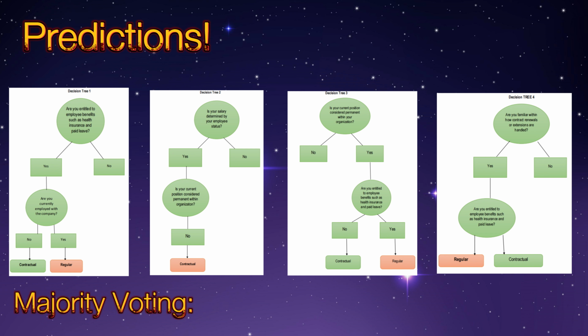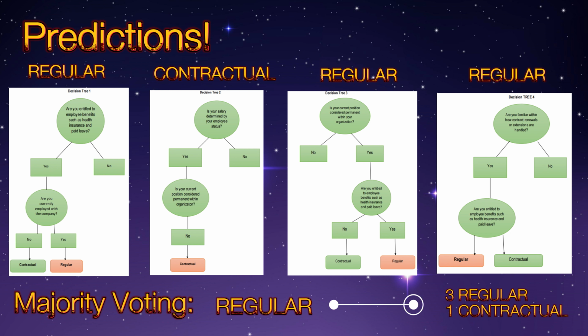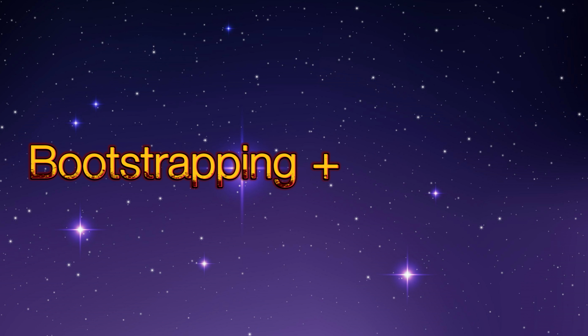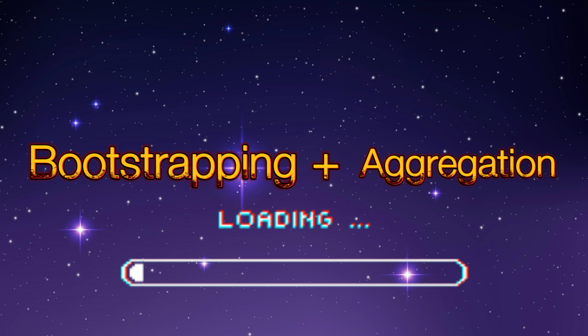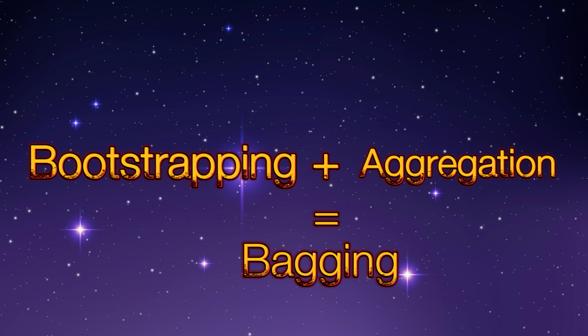We'll use majority voting. Clearly, regular is the winner, so the random forest prediction is regular. So, in random forest, we initially perform bootstrapping, followed by aggregation, and in terminology, it's called bagging.